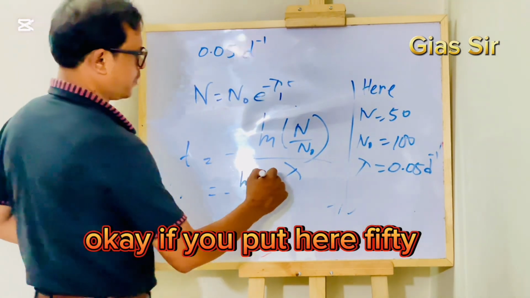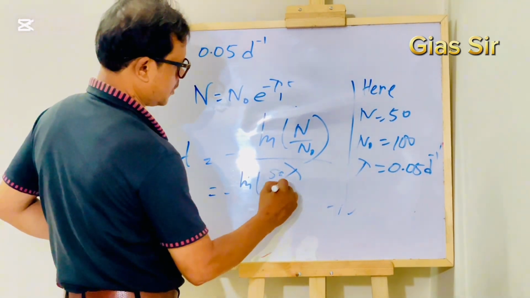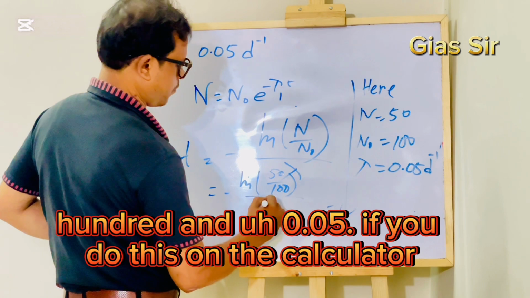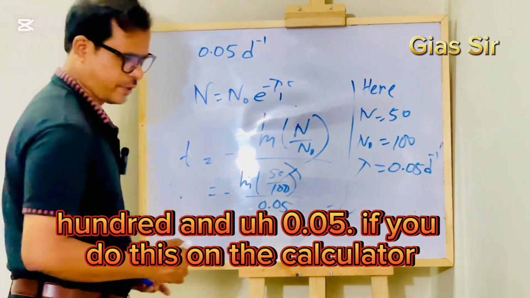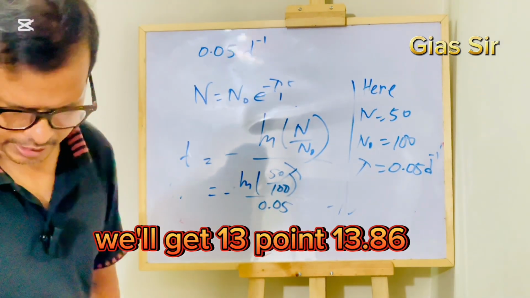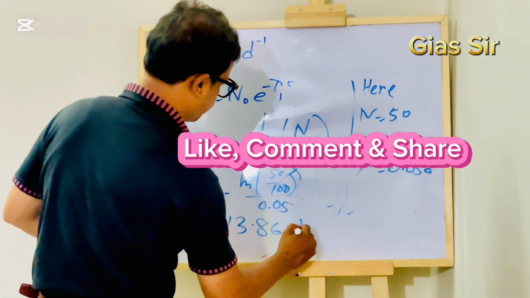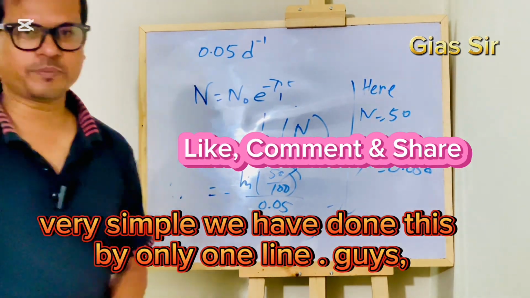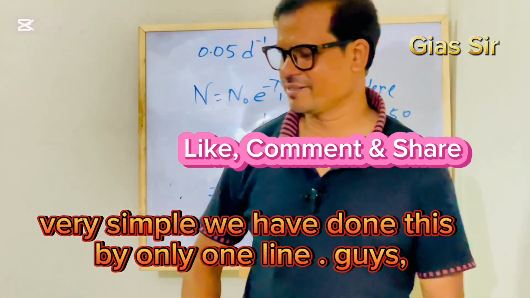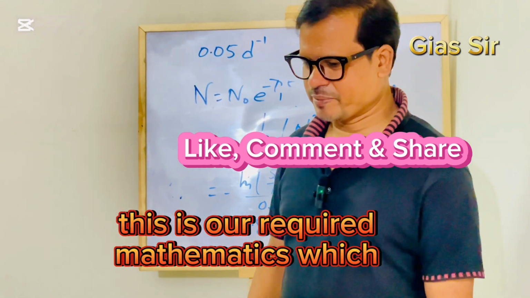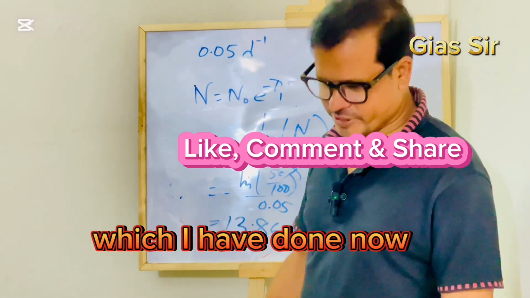Okay, if we put in 50, 100 and 0.05 and use the calculator, we will get 13.86. Very simple. We have done this online. Guys, this is the mathematics which I have done now.